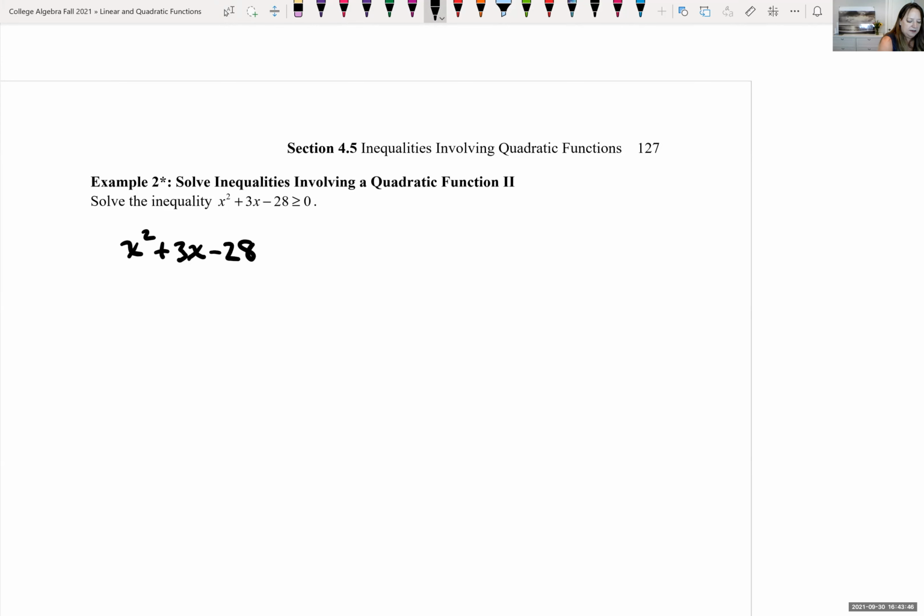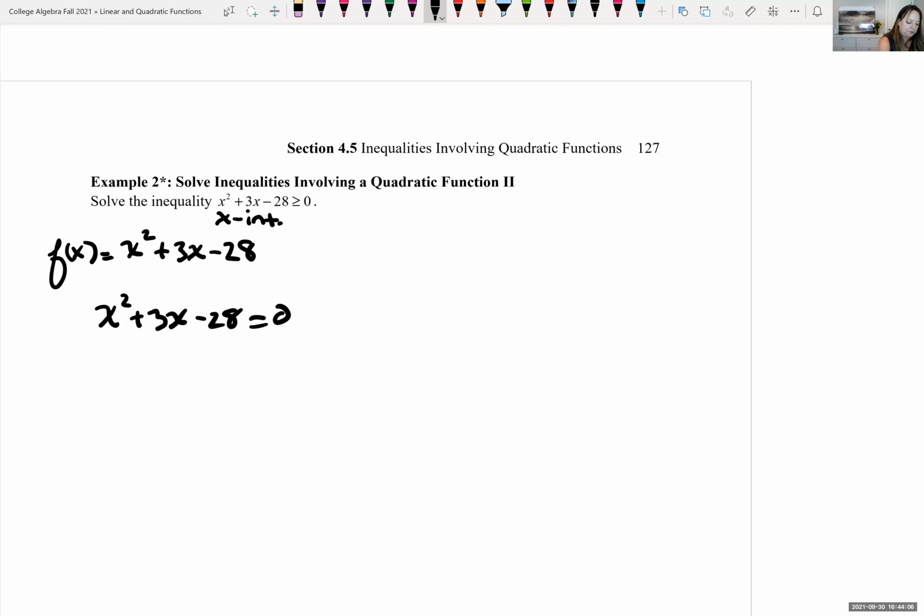Okay, so let's find out when this is equal to 0. So let's find x-intercepts. We're looking at this function f of x equals, and so x-intercepts are when x squared plus 3x minus 28 equals 0.